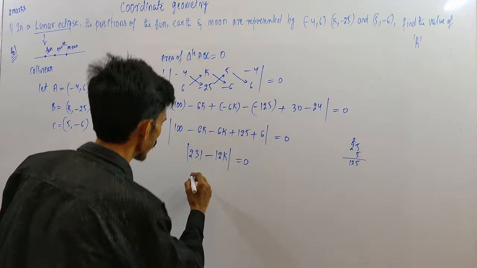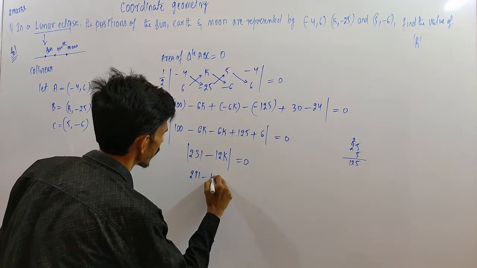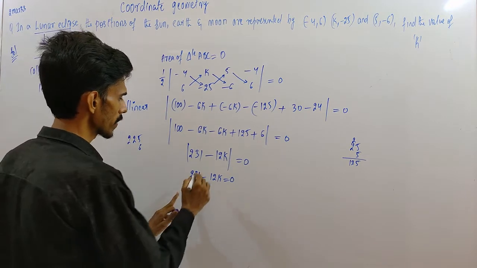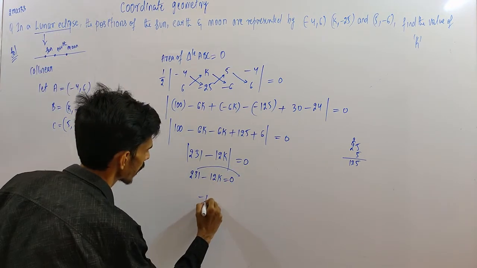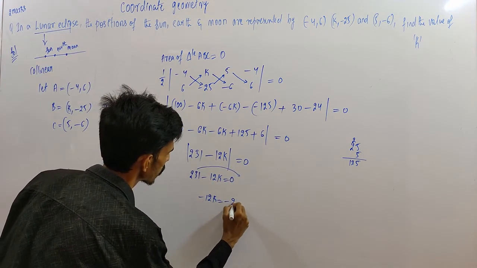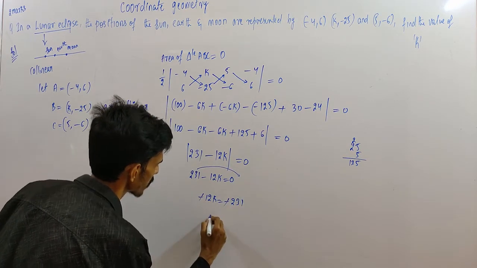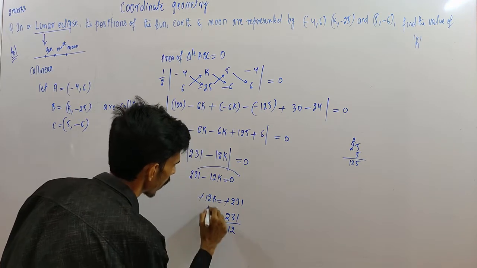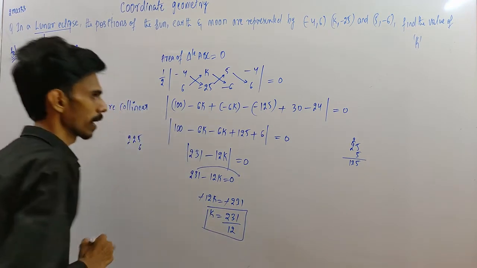Now remove this mod. We have 231 minus 12k is equal to 0. Send this 231 to that side. We have minus 12k is equal to minus 231. This minus will get cancelled. We have k is equal to 231 by 12. This is the value of k.